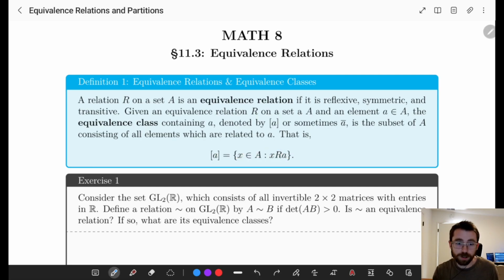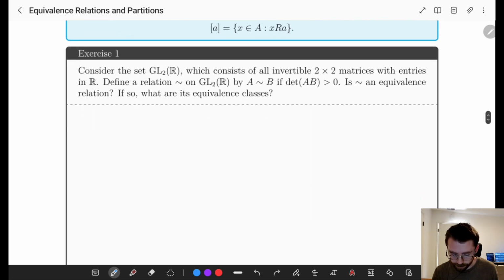And great, we can start talking about what these look like. It's hard to appreciate the definition without examples, so let's dive in. This one's kind of a beefy one right off the bat. Consider the set GL2R. That's a typical naming convention. GL stands for general linear. Linear in the sense that we're thinking of linear algebra and matrices.